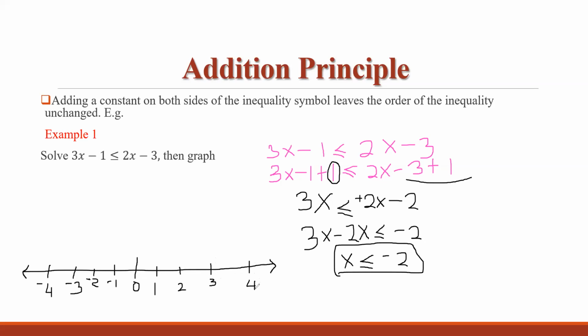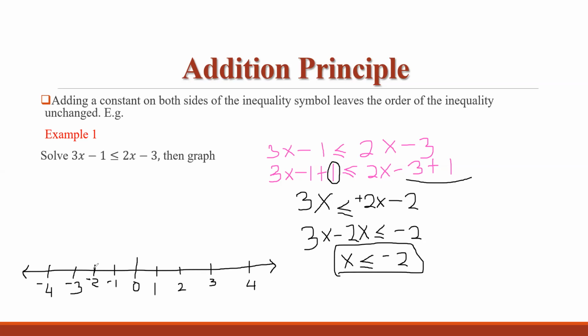So according to the solution we've gotten, x is less than or equal to negative 2. Which numbers are less than negative 2? Negative 3 and those numbers going in the negative direction.